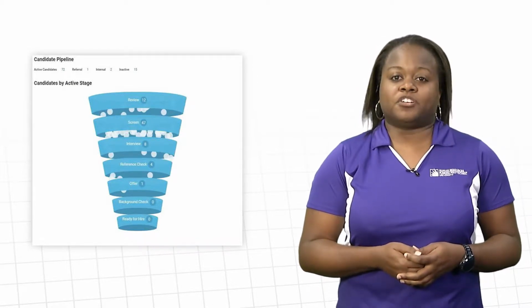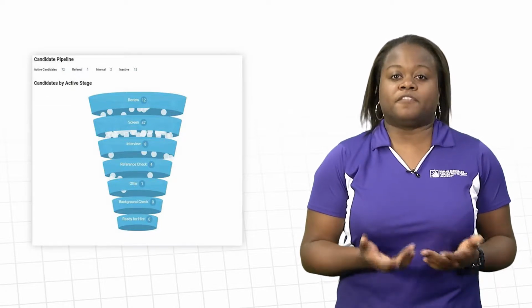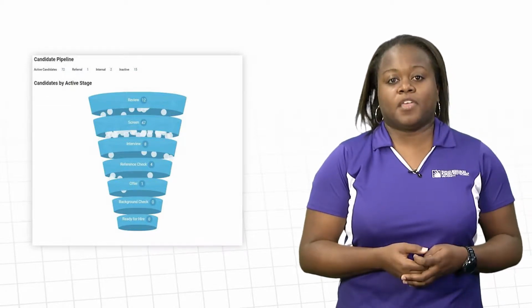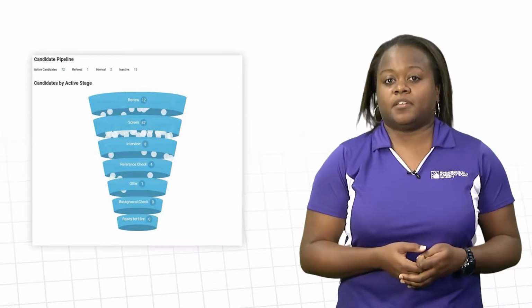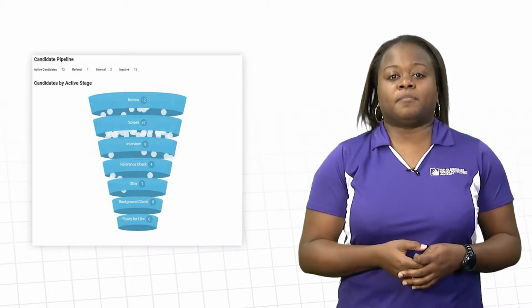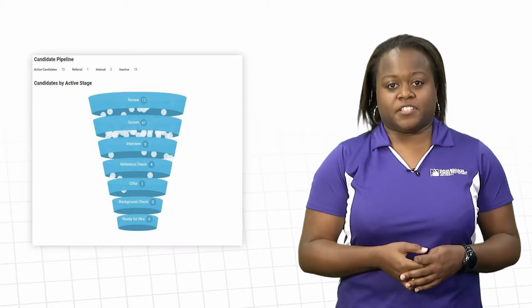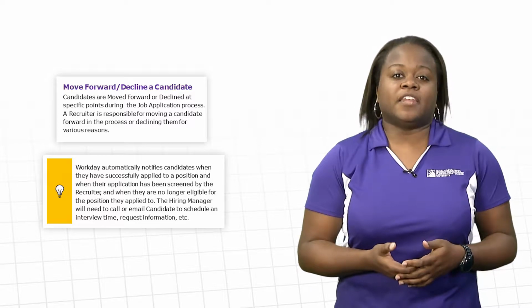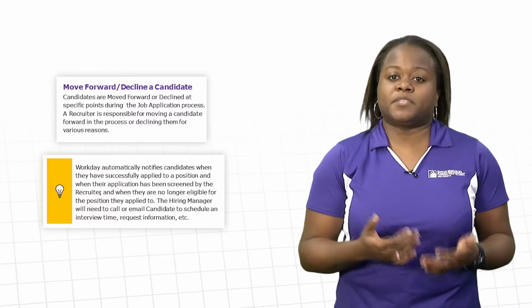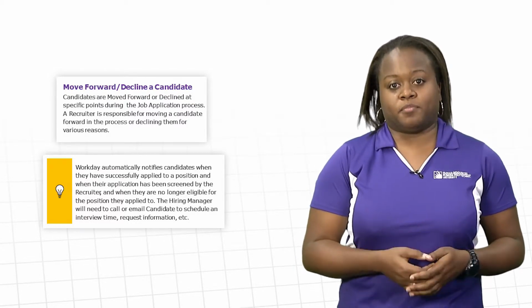The hiring manager will then choose a minimum of 3 to 5 candidates to be interviewed. Reference checks will be conducted on the final candidates before an offer is made. HR will then conduct the background check and advance the candidate to the ready for hire stage. Advancing and declining candidates are executed at specific points during the job application process.